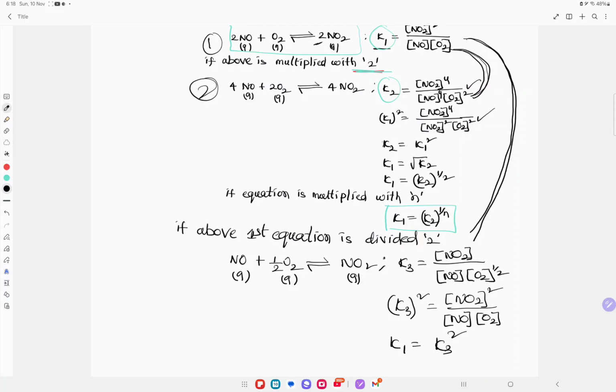So that means if the equation is divided by 2, we get power 2.